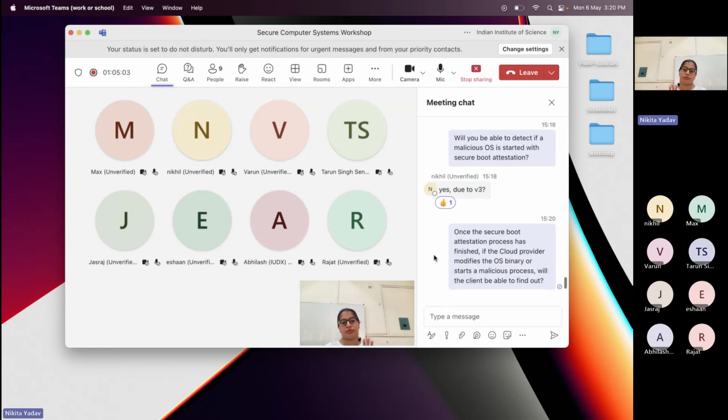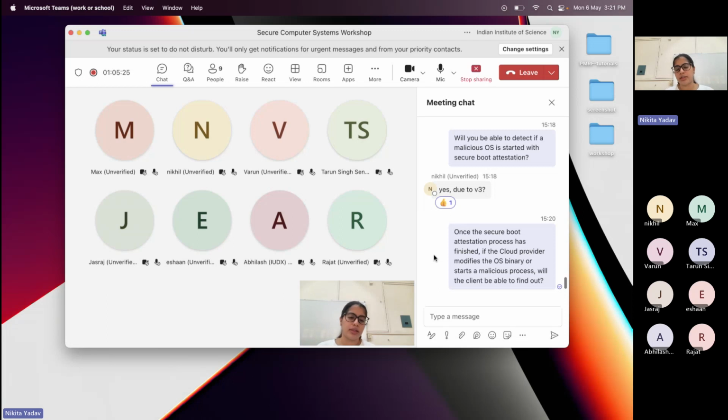So with the secure boot attestation process that we saw, the cloud provider has sent this value V3 saying, okay, I started with this configuration and these are the applications which are running on the machine, and I'm guaranteeing this, and here is my value.